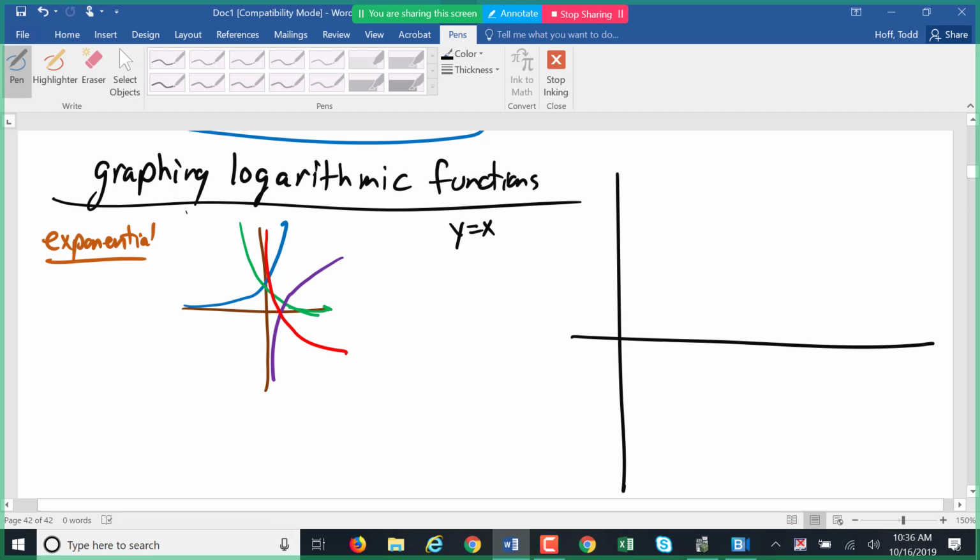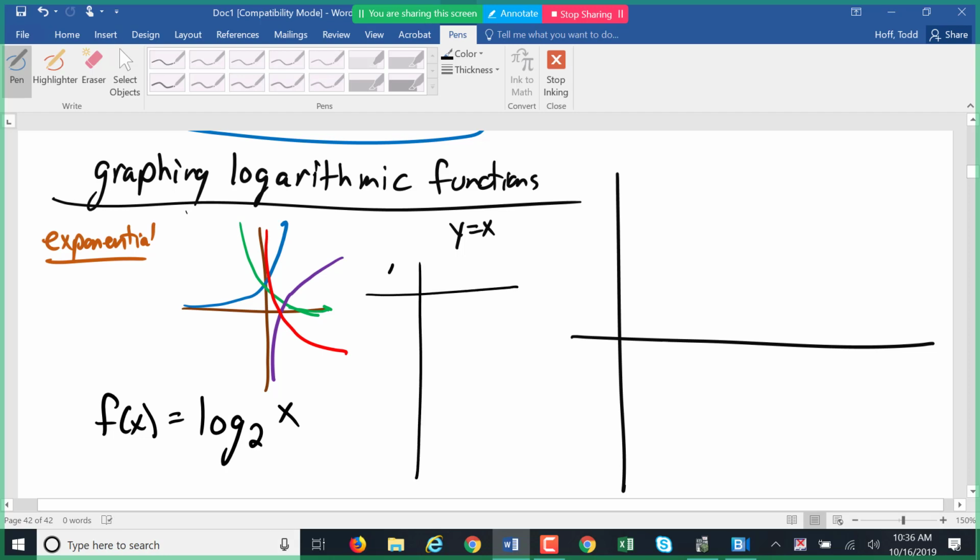So we're going to graph f of x equals log, I'm going to keep it simple, base 2 of x. So I'm going to have values of x and values of y.